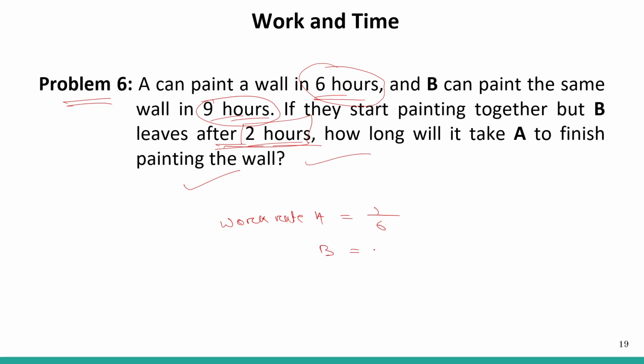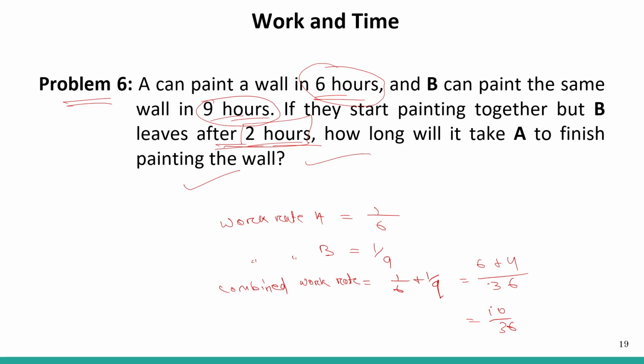And work rate of B is equal to what? 1 by 9. And combined work rate is equal to 1 by 6 plus 1 by 9, that is equal to what? So 36. So it will be 6 plus 4 is equal to 10 by 36.